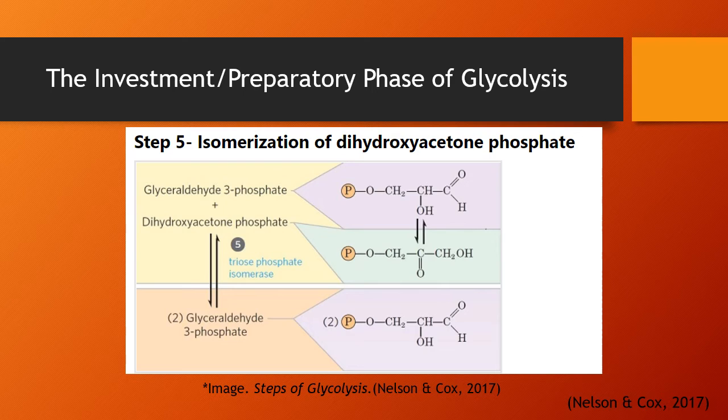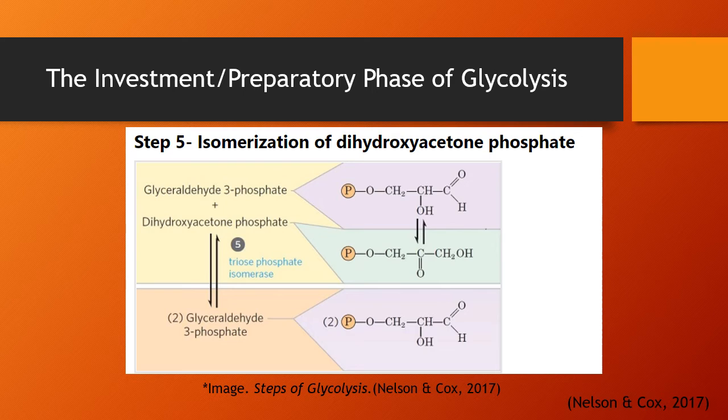So the glyceraldehyde 3-phosphate will eventually be broken down later in glycolysis, while the dihydroxyacetone phosphate interconverts between itself and glyceraldehyde 3-phosphate. This interconversion reaction is catalyzed by the enzyme triose phosphate isomerase.